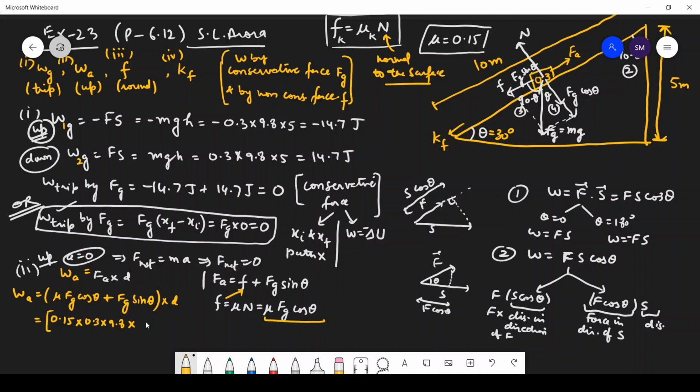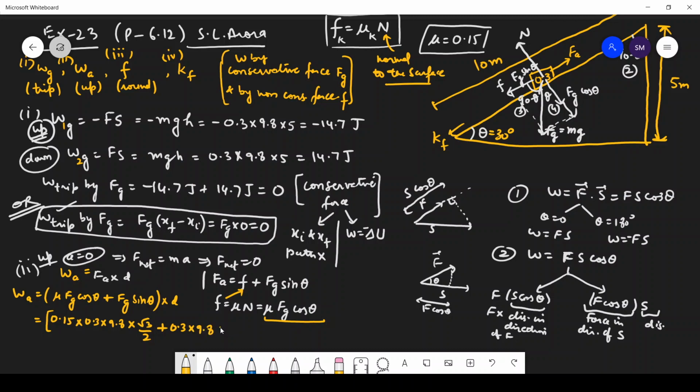So cos 30 degree is root 3 by 2 plus, what is Fg? Fg you can take common also. So Fg is mg, 0.3 into 9.8.